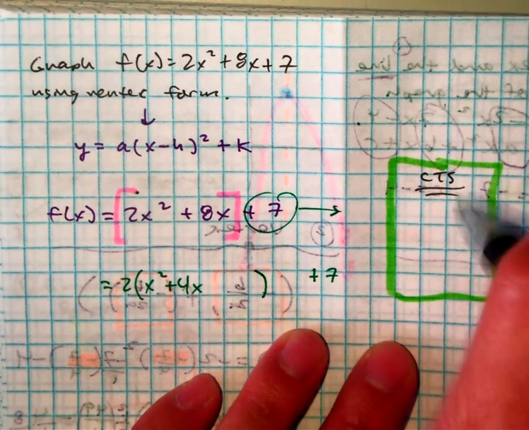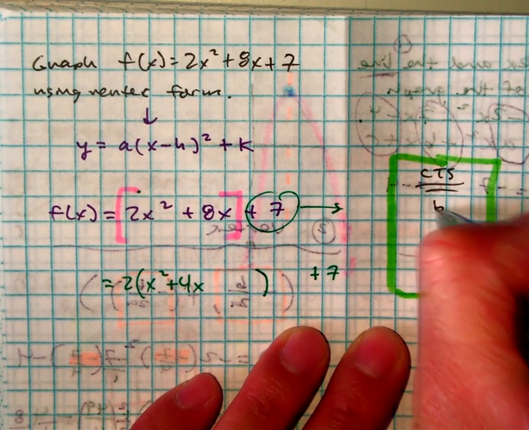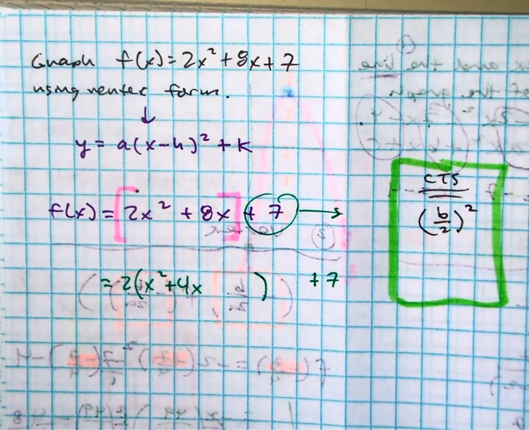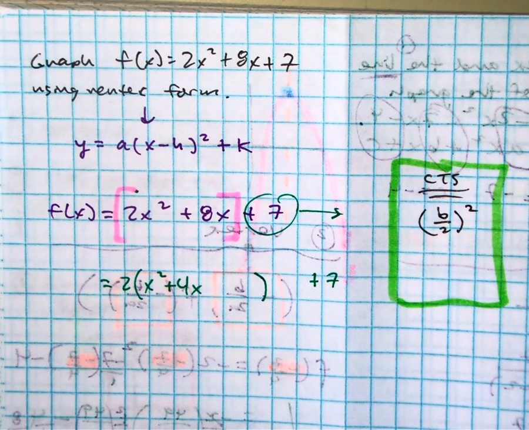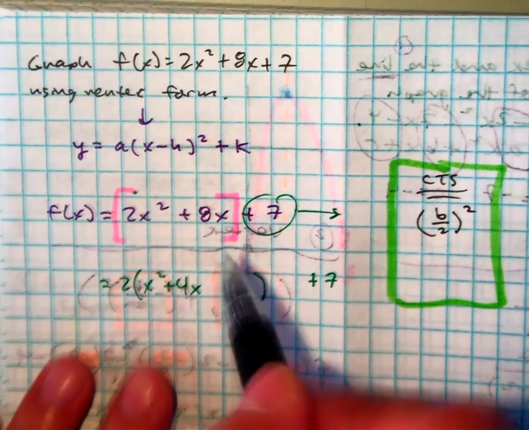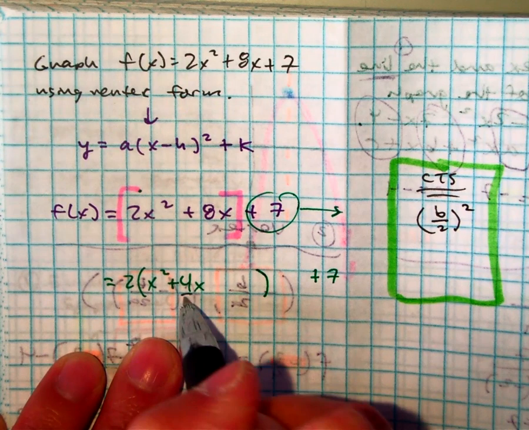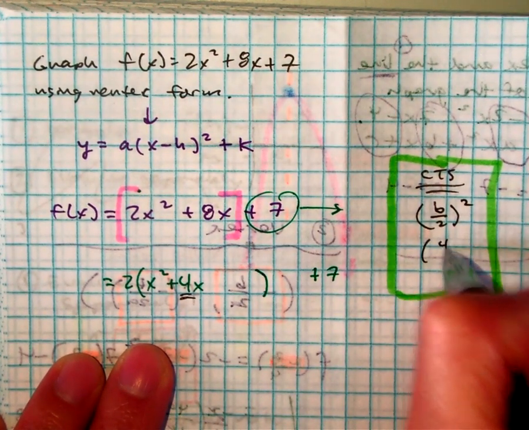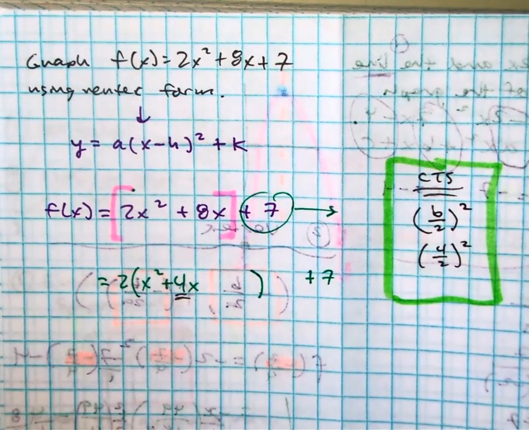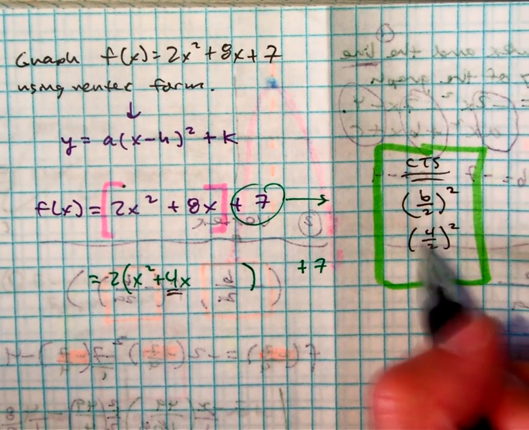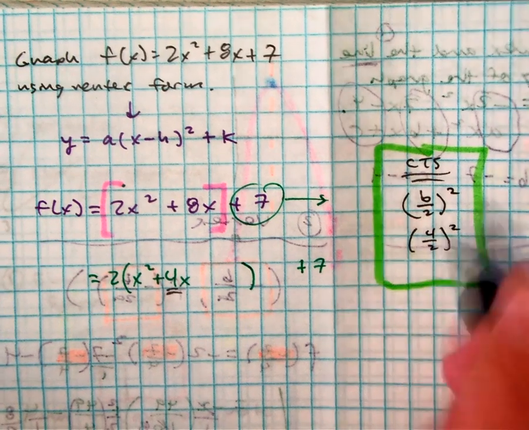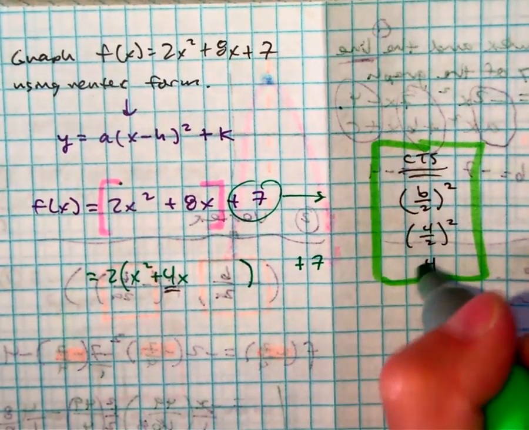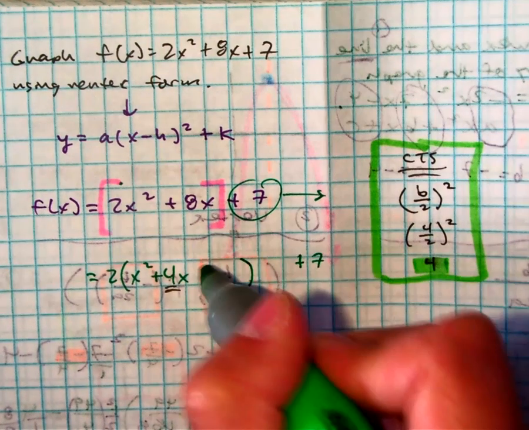Completing the square is b over 2 squared. The b value, though, that I'm picking here is inside the parentheses. Where did I pick it, class? So here I have now 4 divided by 2 squared. And 4 divided by 2 is 2, and 2 squared is 4. So I'm going to put this plus 4 here.